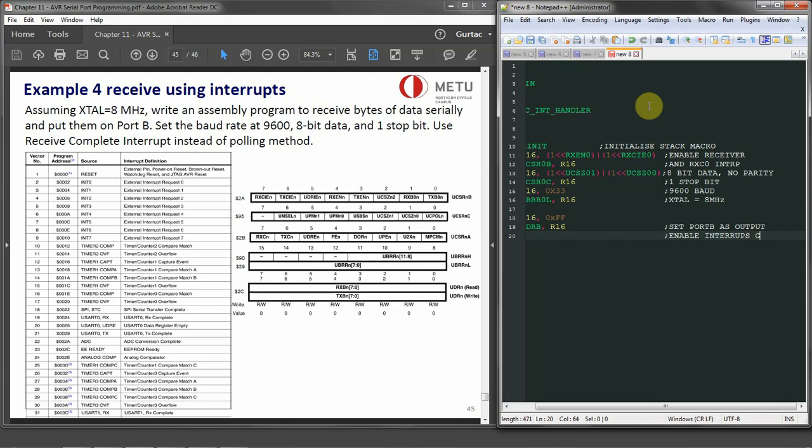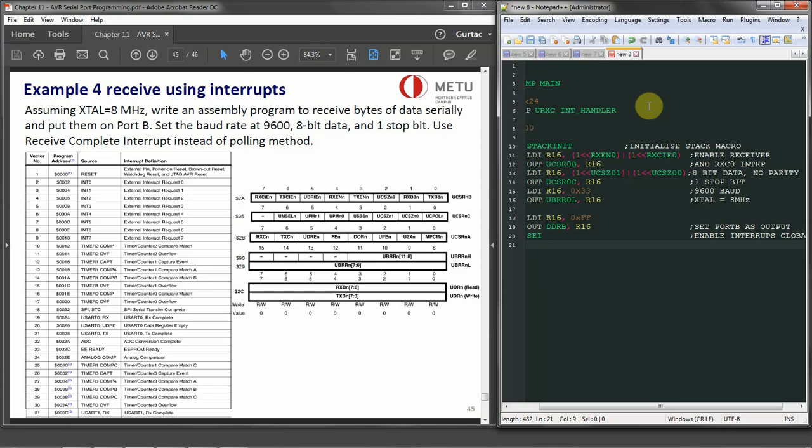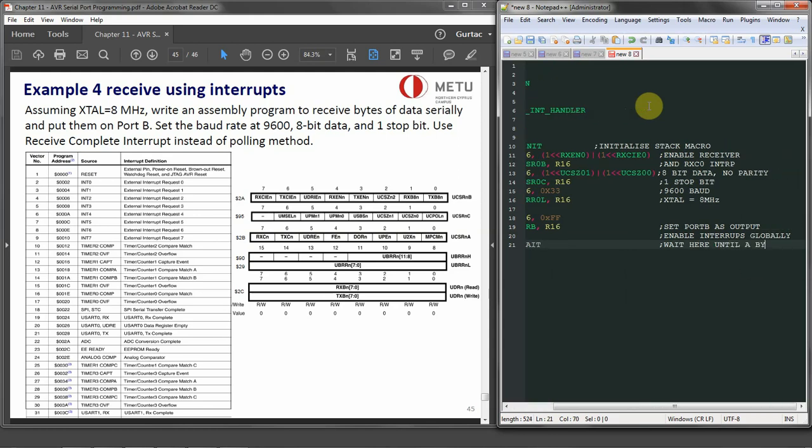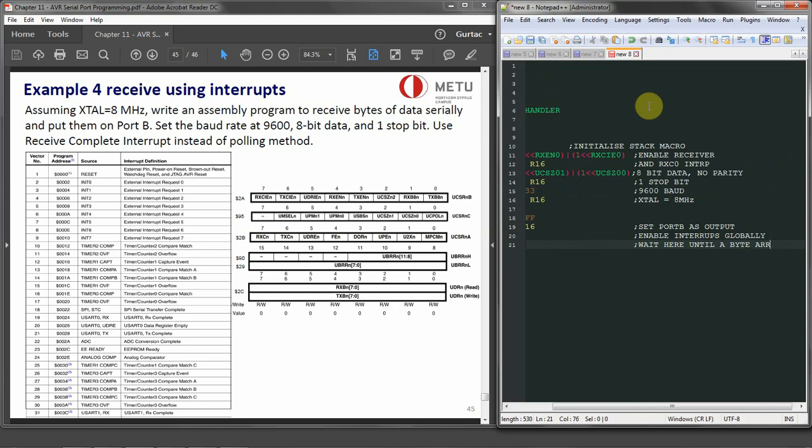Then we can use a wait over here, rjmp wait, because we just keep waiting over there until we receive an interrupt. So we can say stay or wait here until a byte arrives.